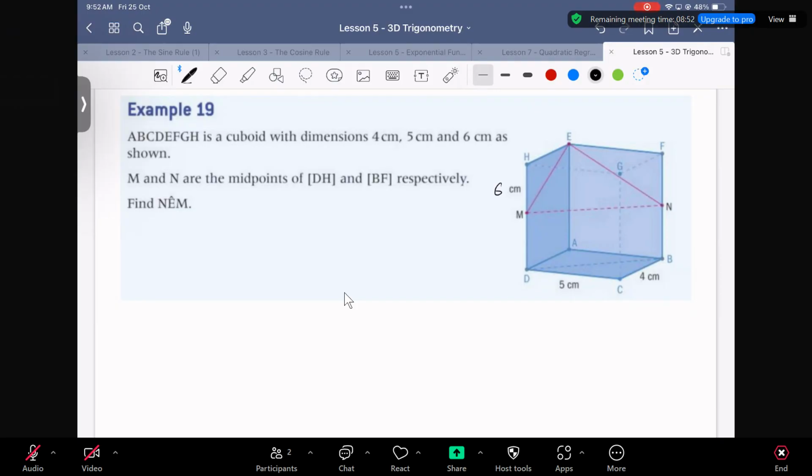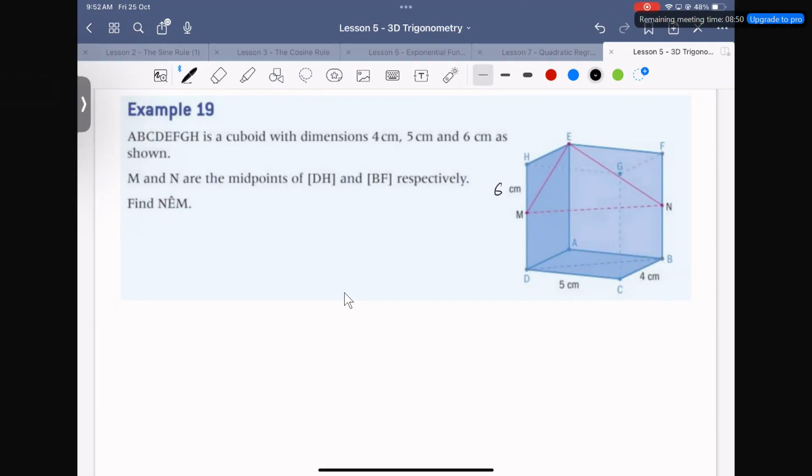All right, so we need to try and find all 3 sides of the pink triangle. If we look to begin with to try and find this length here, this diagonal from side to side through the midpoints, MN, that's the same as this length here in this triangle.